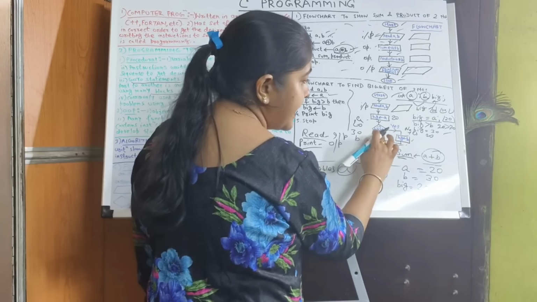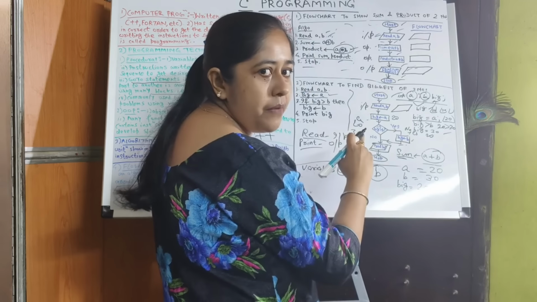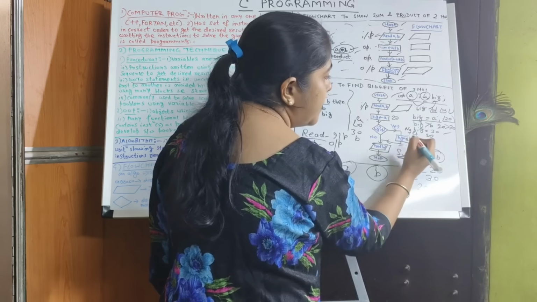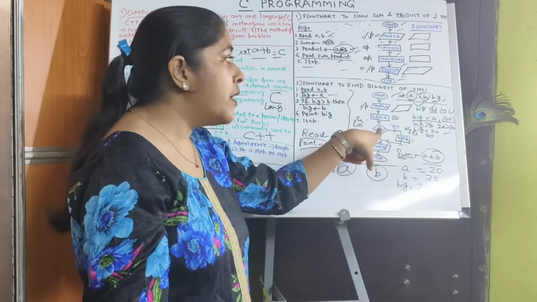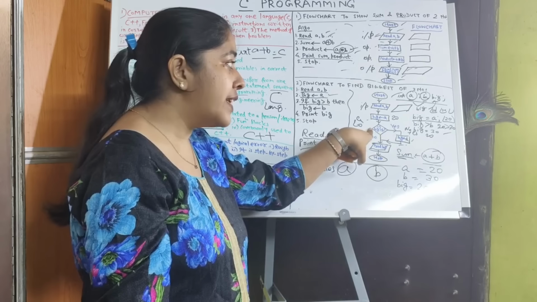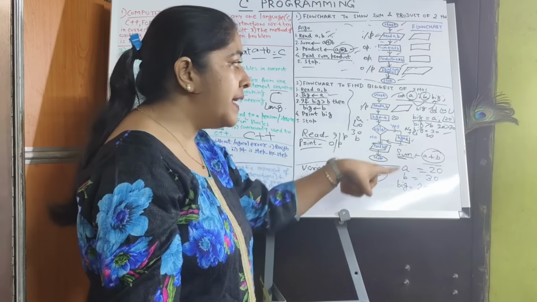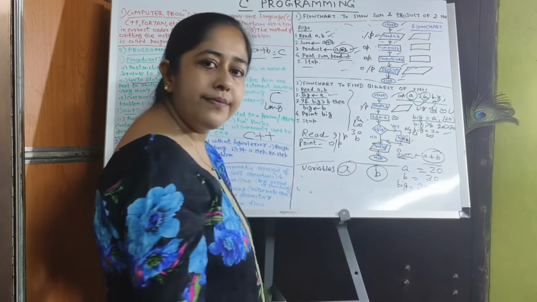If big is greater than B, that is A is greater, then you will assign big equals to A. Print again, if big is greater than B, yes, big is greater, then you will write big. If B is greater, then you will write B.